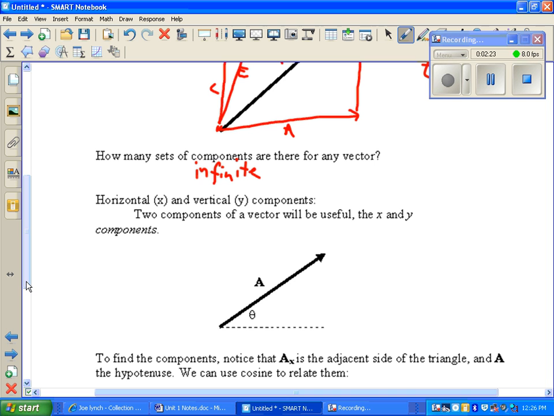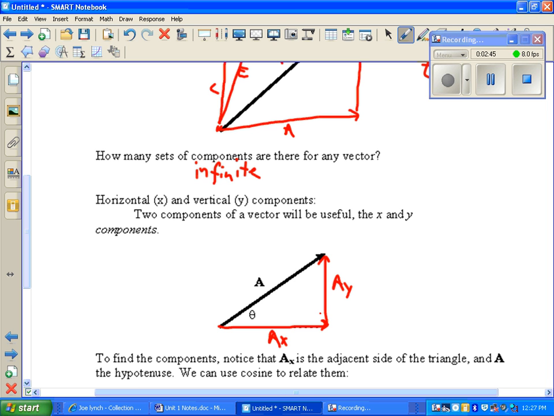So if I look at vector A here, I can draw in its x component, that's how far over it goes, and then draw in its y component, and then I could label this AX, I could label this AY. AX is called the x component or horizontal component of the vector, AY is the vertical component.